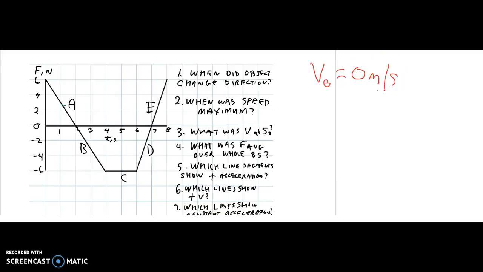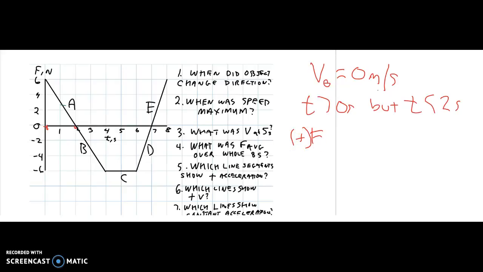Right. So we're looking for when it changes to negative. Well, if we look at this, when the time is greater than 0 seconds but less than 2 seconds, so that would be from here to here, what's happening? Well, in this section, from 1 to 2 seconds, I have a positive force, right?